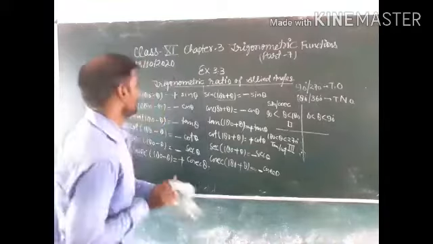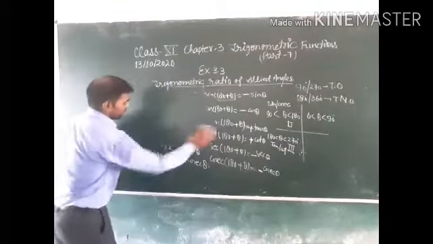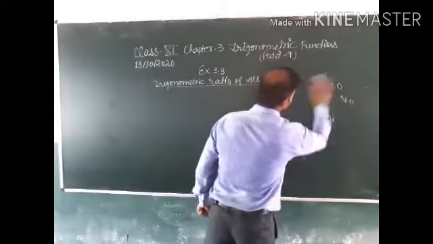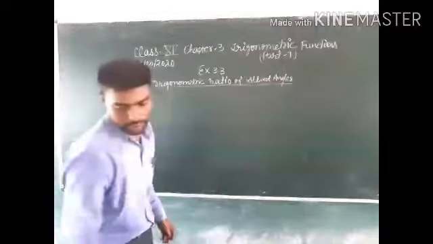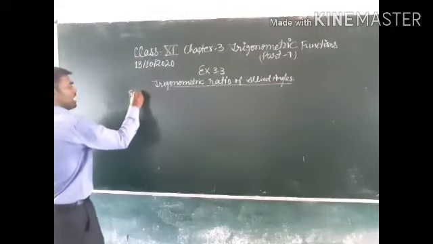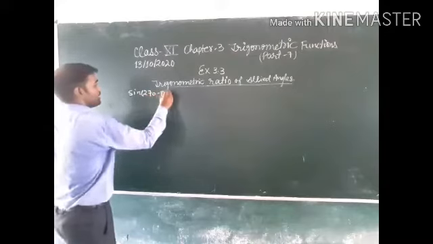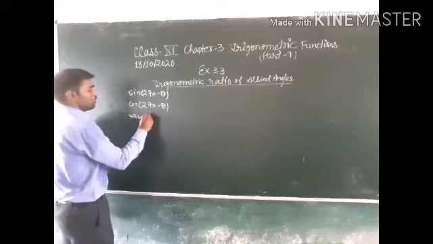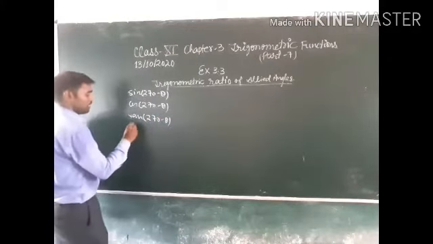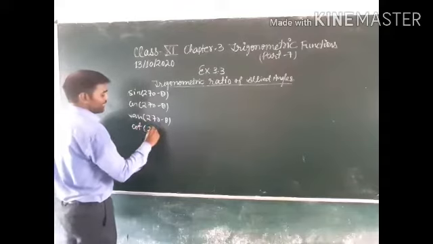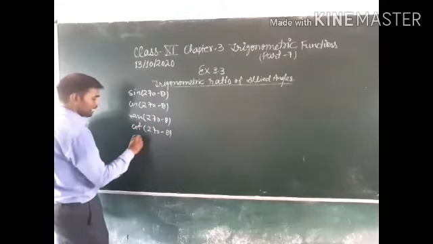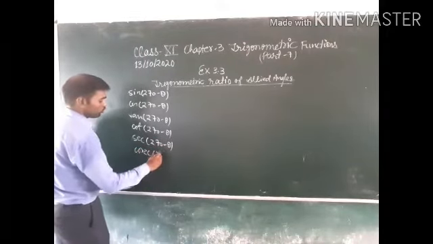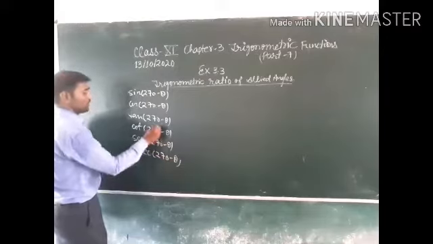Now we proceed to sin 270 minus theta and 270 plus theta. Sin 270 minus theta, cos 270 minus theta, tan 270 minus theta, cot 270 minus theta, sec 270 minus theta, and cosec 270 minus theta.